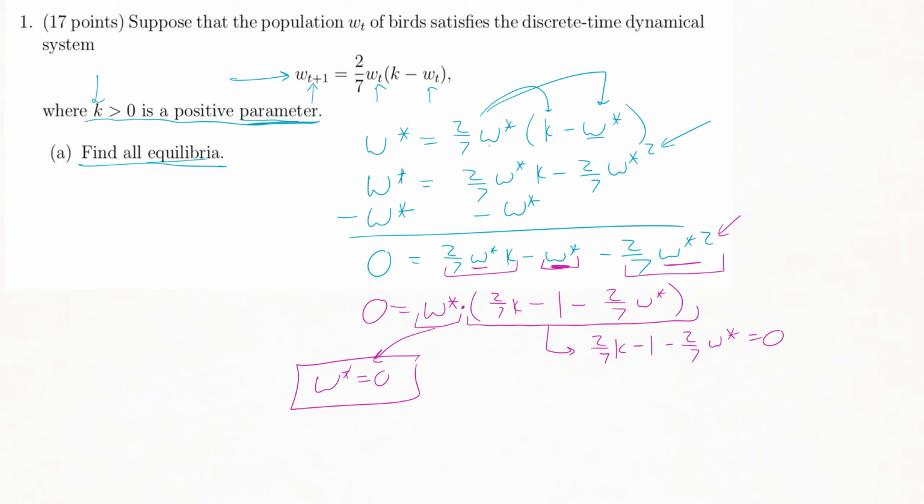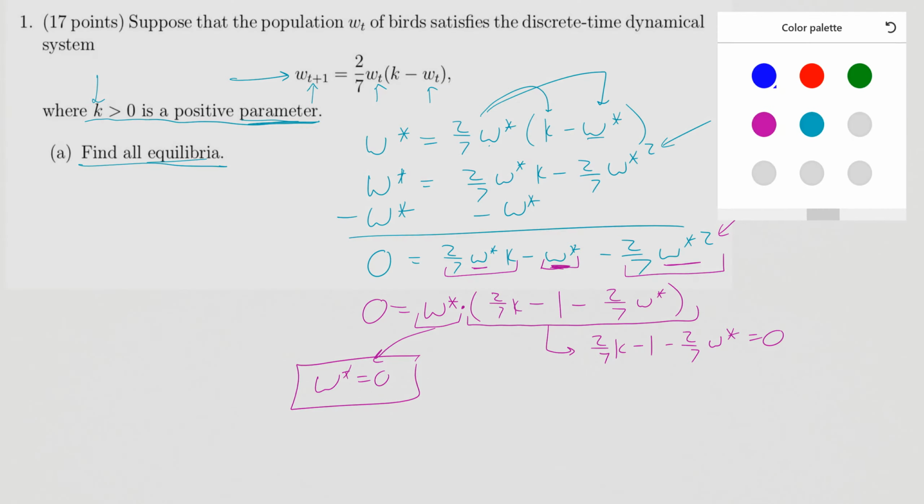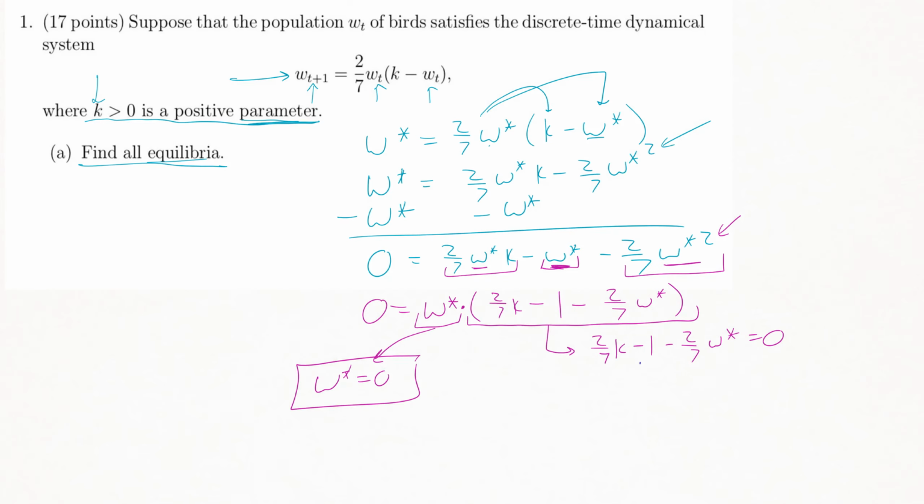And from here, we just need to solve this second equation to get w star by itself. The first thing I'm going to do is add a 1 over to the other side and subtract this 2/7 k over to the other side. I'm doing 2 algebra steps at once right now, but they're not too bad.